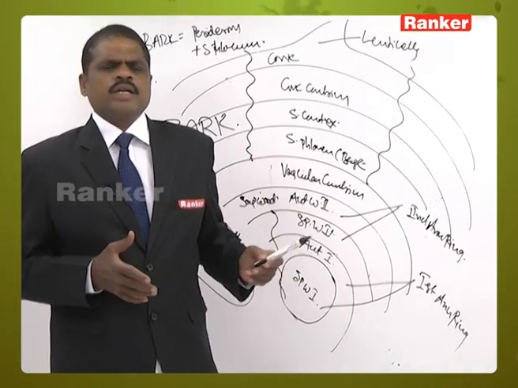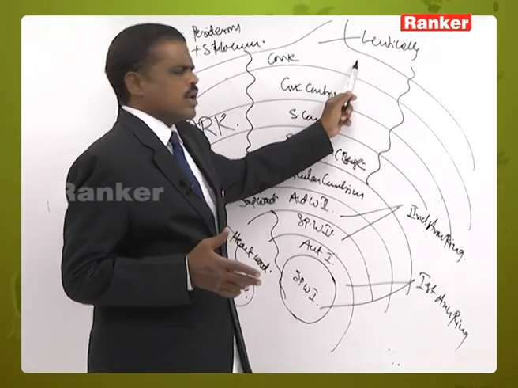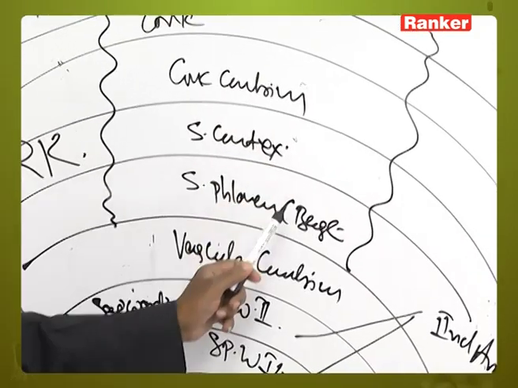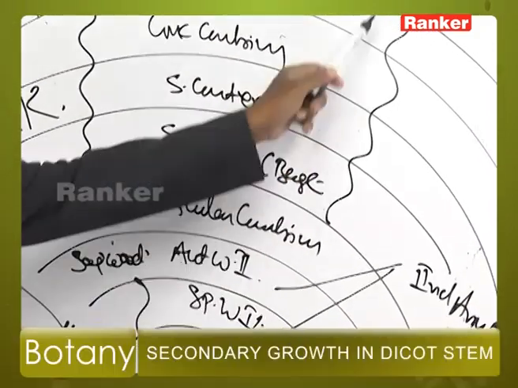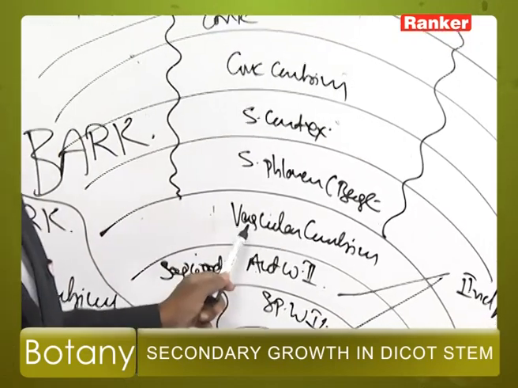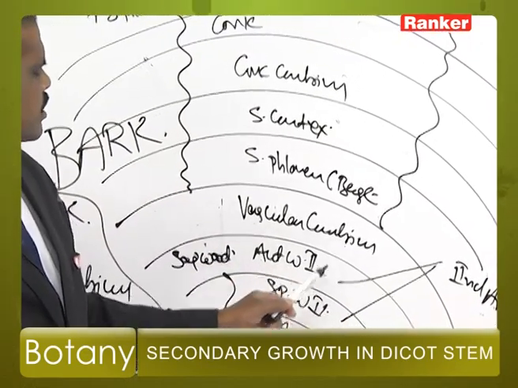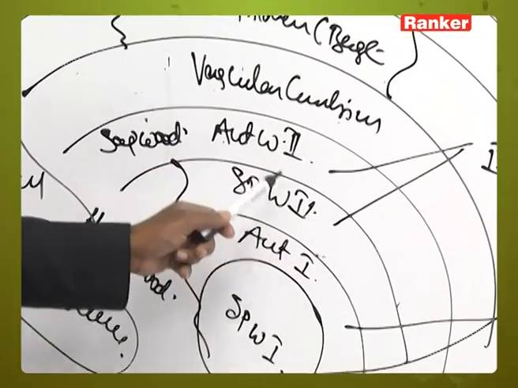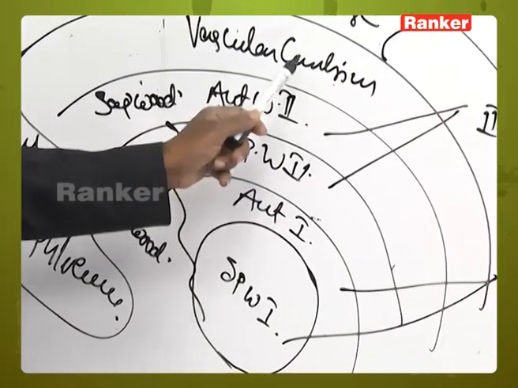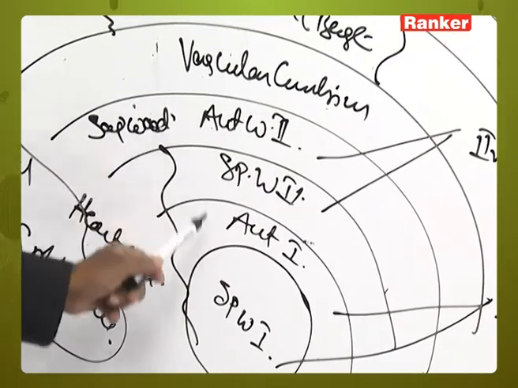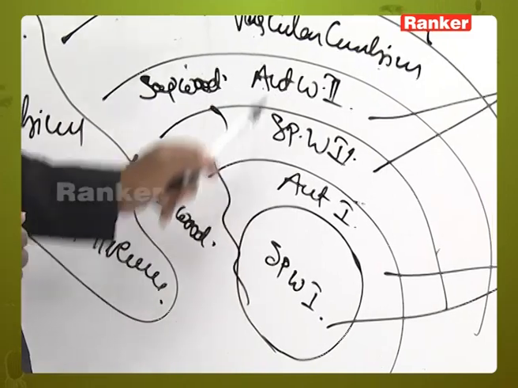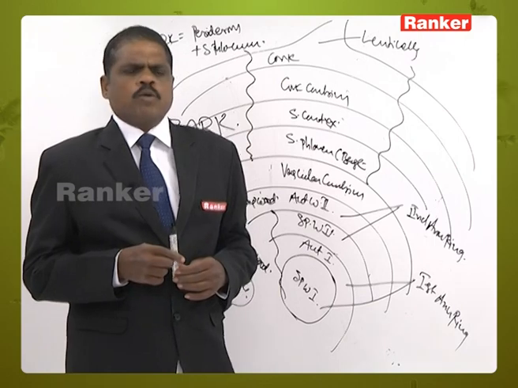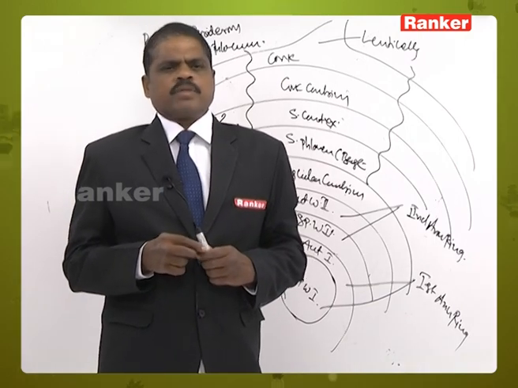In the secondary body, the peripheral region is cork, inner to it cork cambium, secondary cortex, and secondary phloem. All these together are called bark. Then comes vascular cambium, and inner to it secondary xylem, also called wood, with sapwood nearest to the vascular cambium and heartwood in the center of the stem. These are the different regions present in the secondary body of a dicot stem.